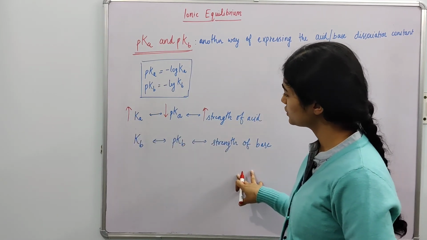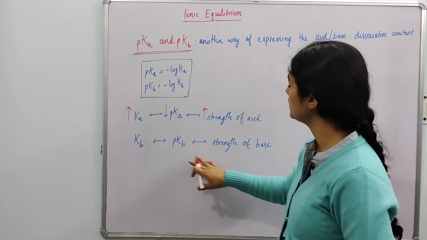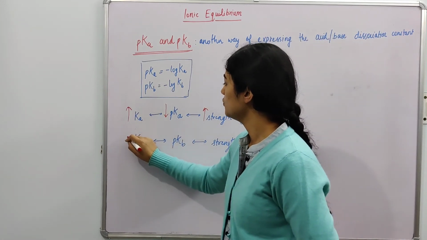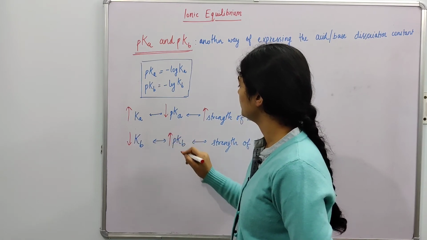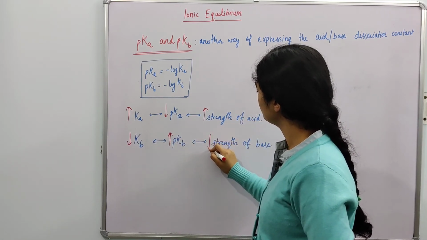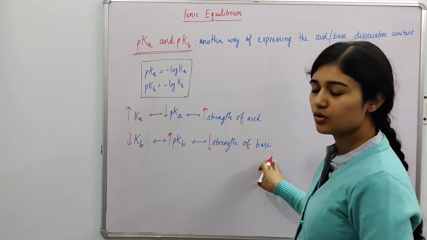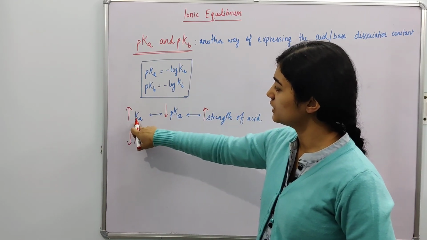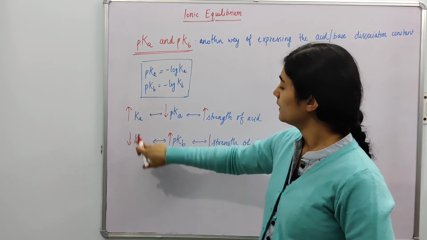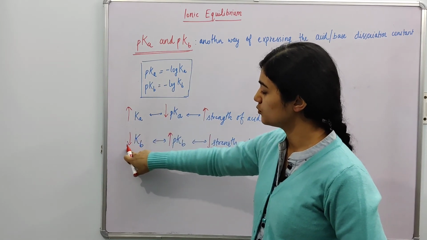And a similar relation exists between Kb, pKb and strength of base. So if you have a smaller value of Kb, higher will be the value of pKb and lower will be the strength of base. Alright. So in the first case, I have taken the higher value of Ka, but in the case of Kb, I have taken a smaller value.